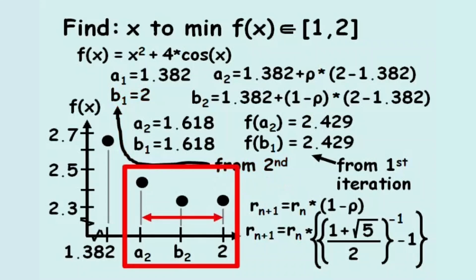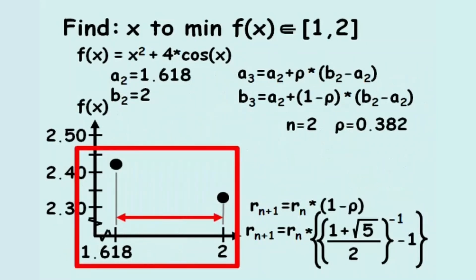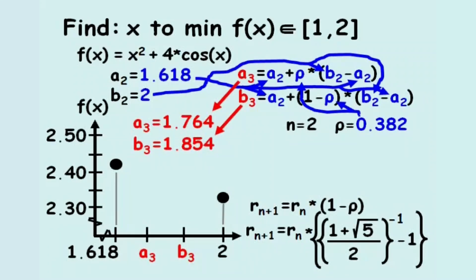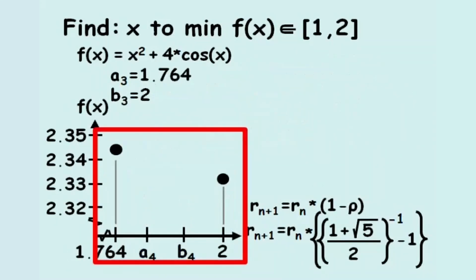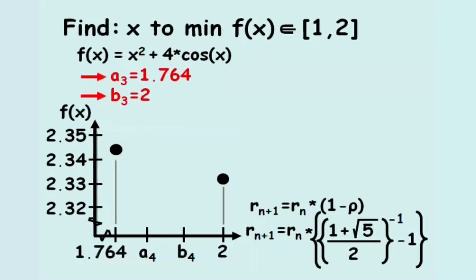Moving on to the third iteration, we'll refocus the plot from x equals 1.618 to x equals 2, and compute the values for a3 and b3, which equal 1.764 and 1.854, respectively. After plugging these values into our function, we have 2.344 and 2.320.